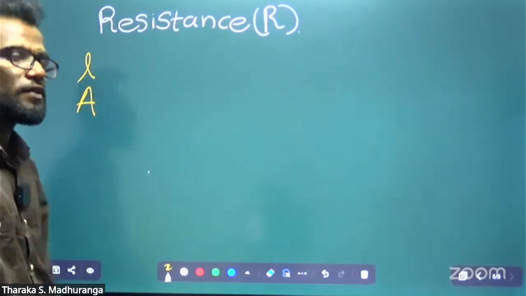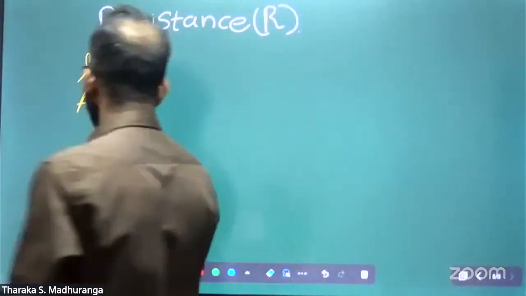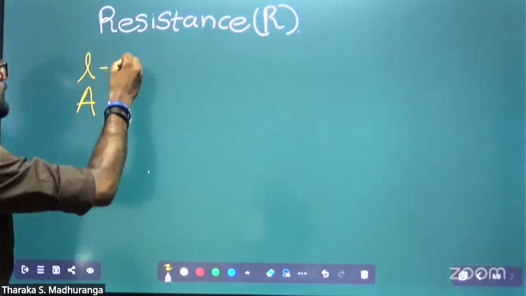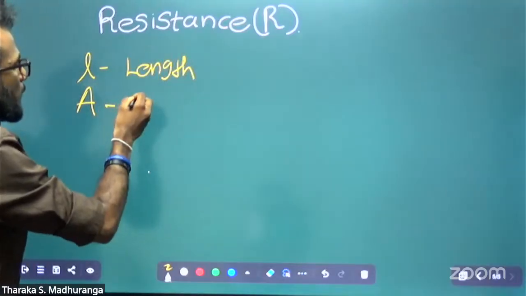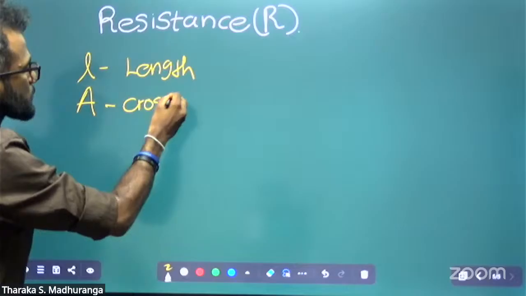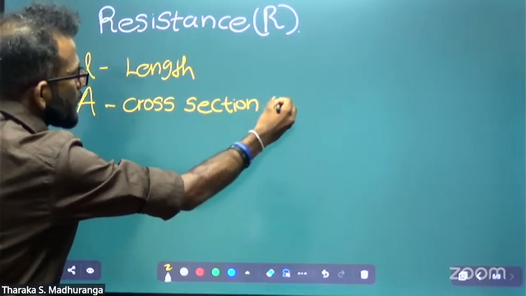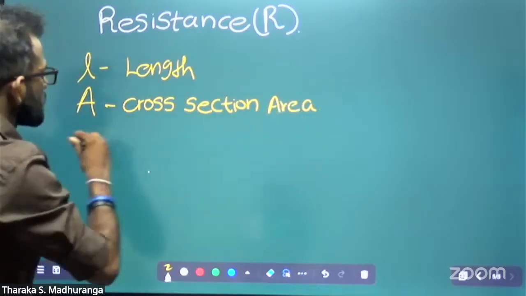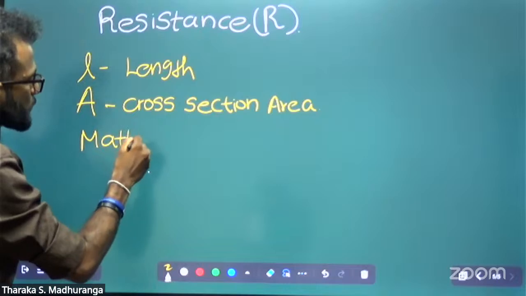The second one is the cross-section area. The third one is the matter type, or substance type.